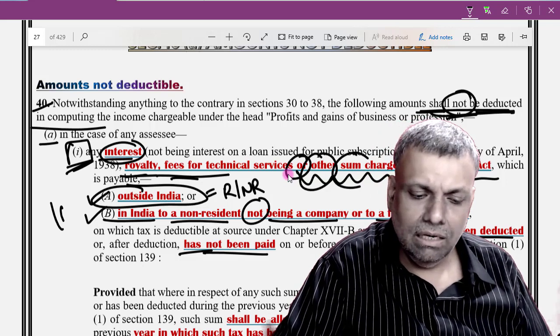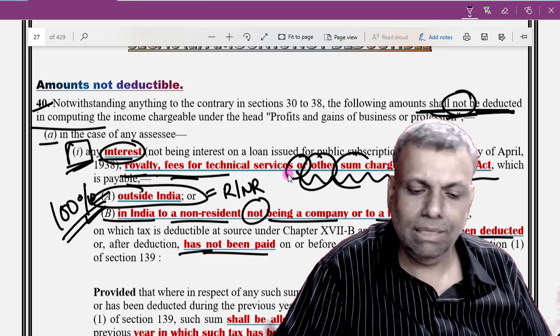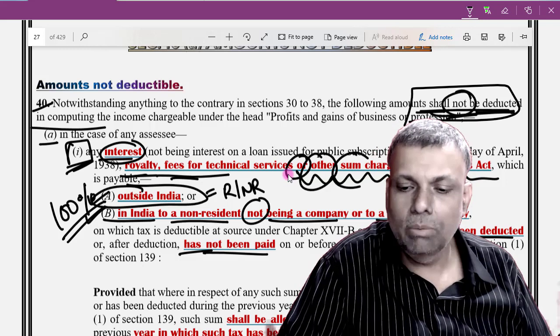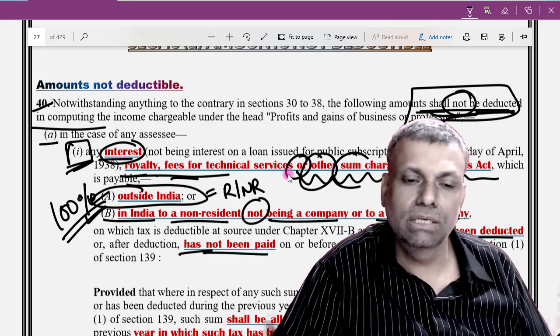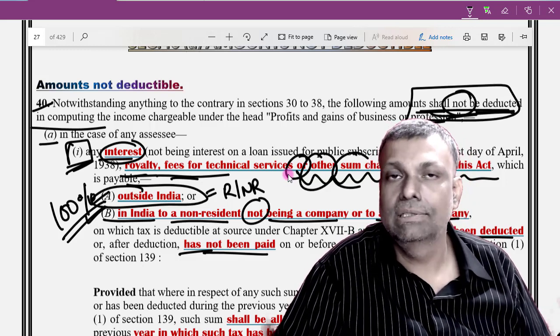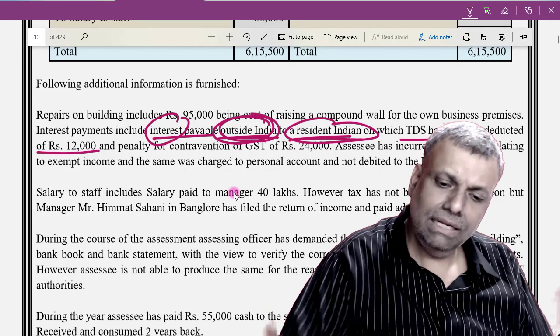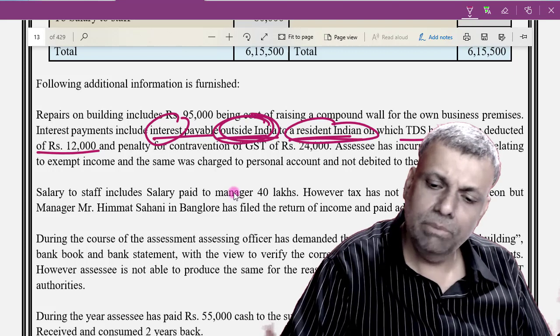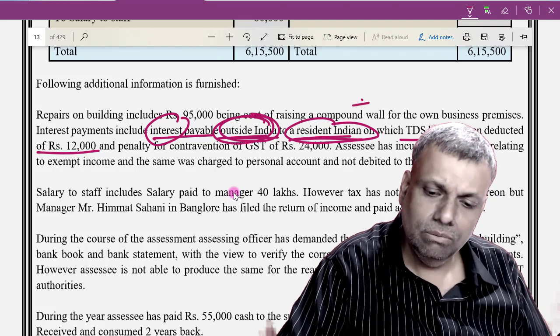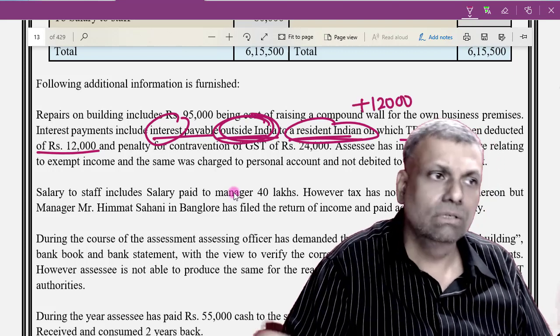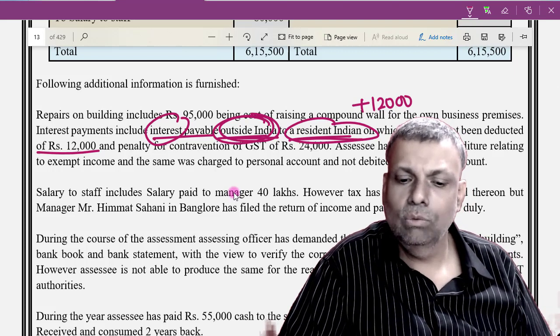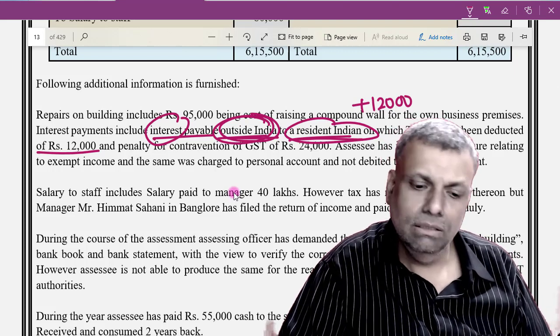In that case, 100% of the expenditure, that is the entire expenditure, will not be deducted. We call it a 100% disallowance. So, I can straight away conclude that interest payable outside India, plus 12,000, will not be allowed to you as a deduction.